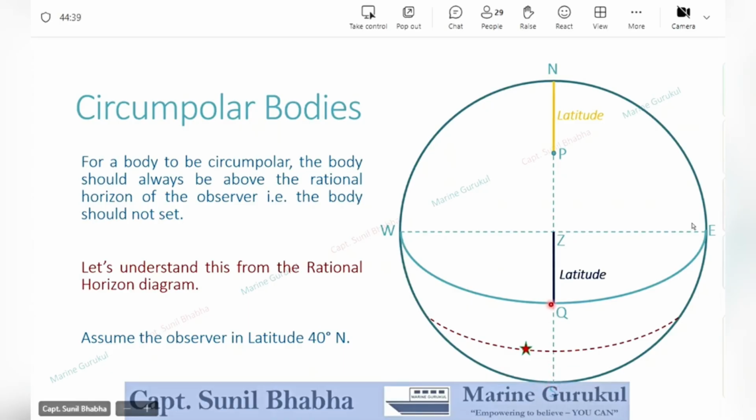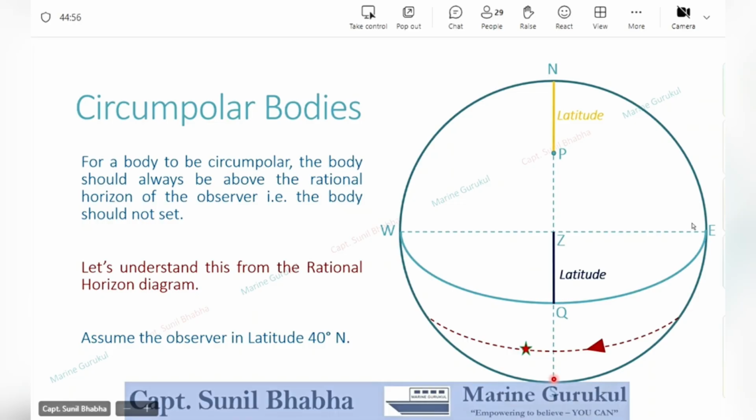So any body with a declination opposite to the latitude will not be a circumpolar body. So this is one thing which we have seen now.